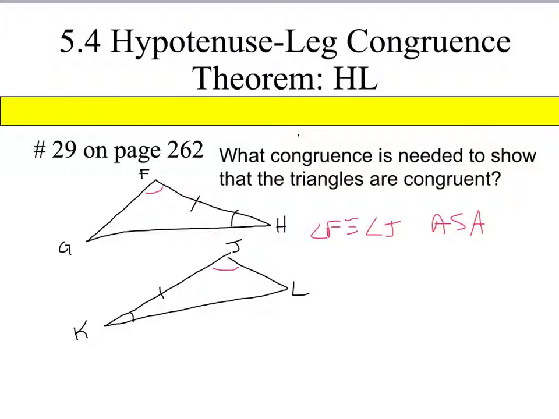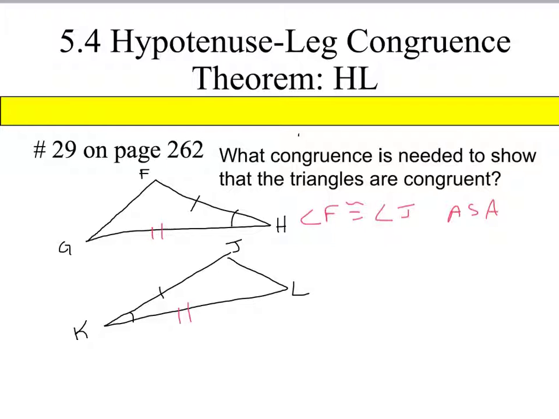Well, let's take a look at something else. What if we did another theorem? Let's say instead of angle F and J, we said another piece of information. Something like side GH is congruent to side LK. Does that make it congruent? Absolutely.